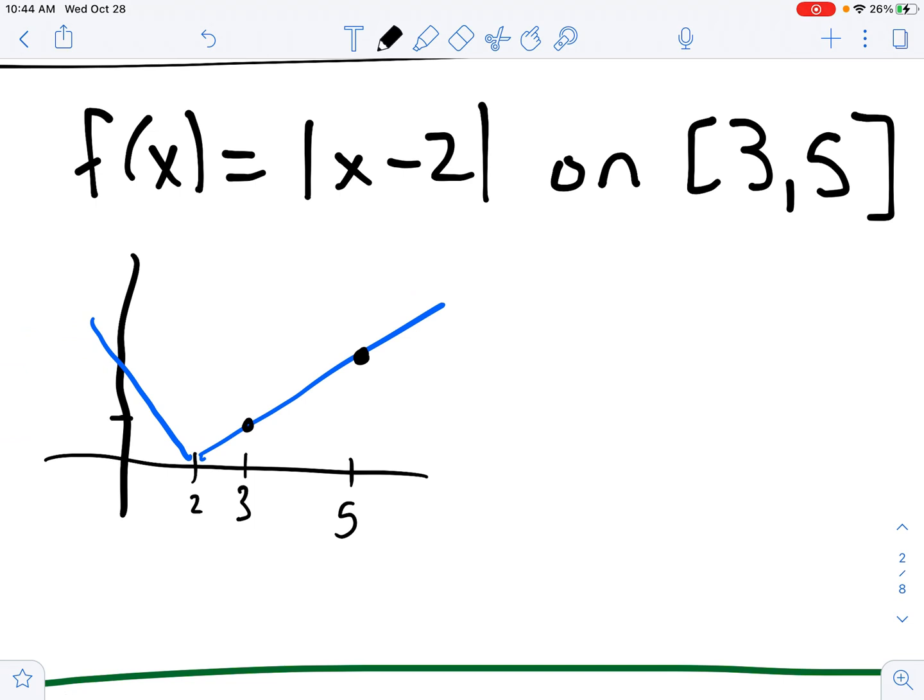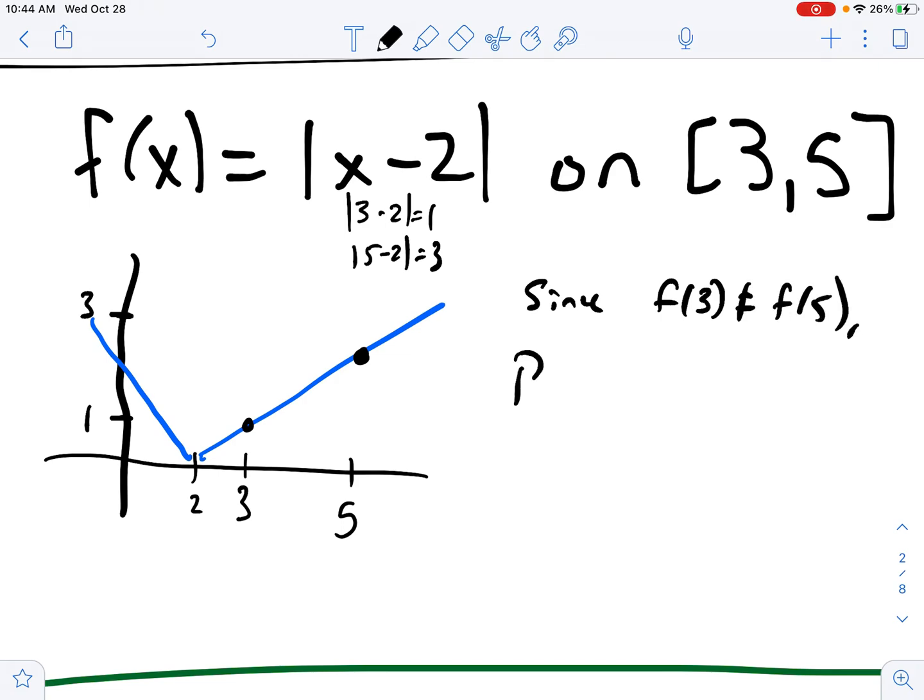The y values are certainly not equal anymore. If I plug 3 into this, take the absolute value, we get 1. If I plug 5 in, we get back 3. Since f of 3 does not equal f of 5, Rolle's theorem does not apply.